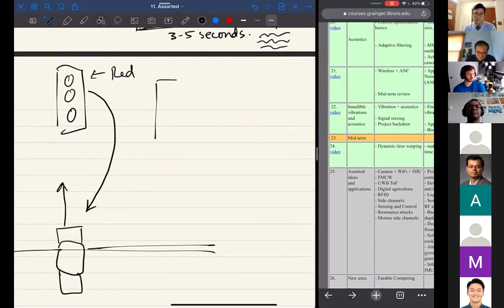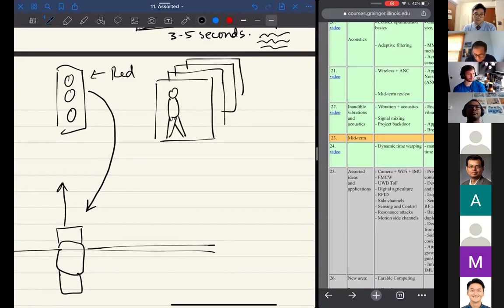Because you take a video or a bunch of pictures, and you know that this person is walking, and suppose you know that the phone is in the pocket, or maybe even the phone is in the hand.